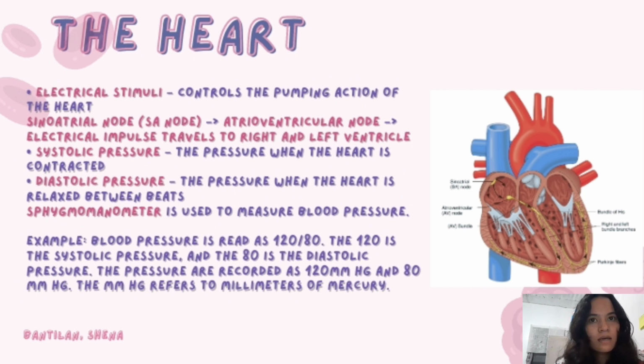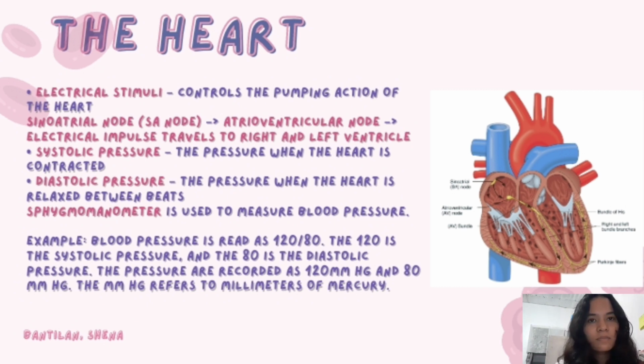Basically, the SA or sinoatrial node begins the process, which doesn't need outside stimulus to start the heartbeat. So it is known as the pacemaker of the heart. It creates an electrical impulse that is transmitted to the atrioventricular node, or the AV node, which causes the atria to contract.